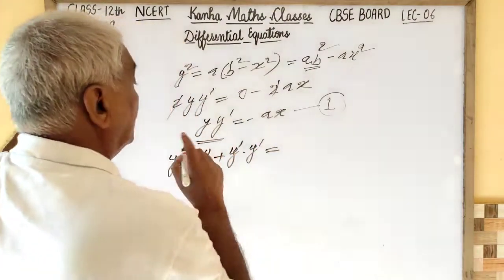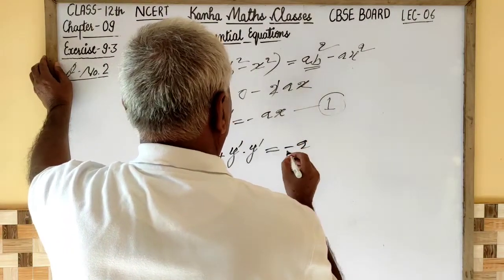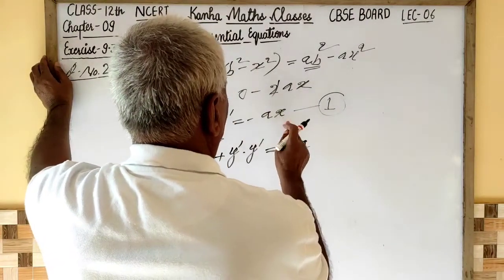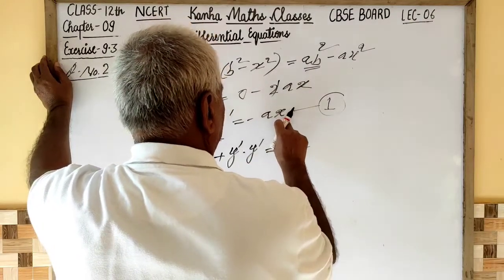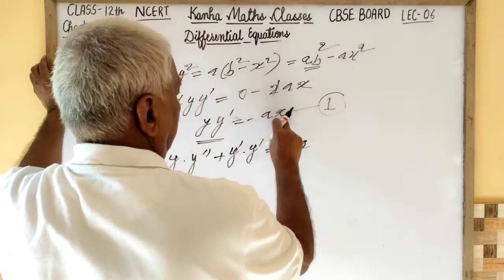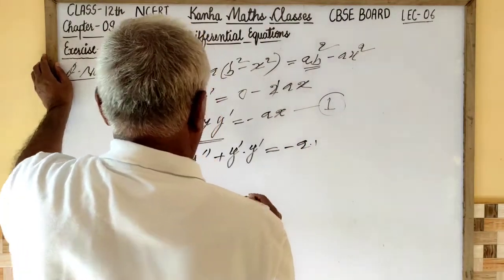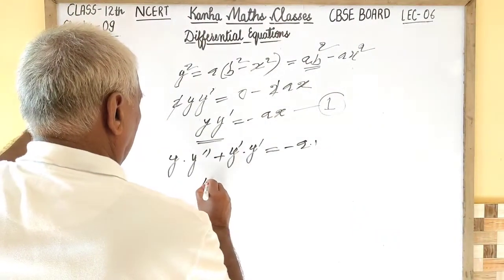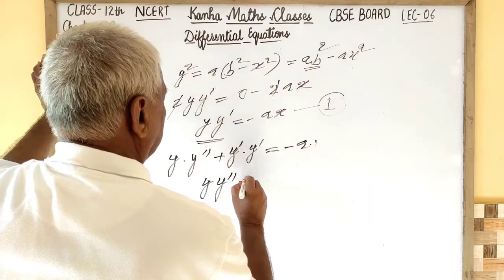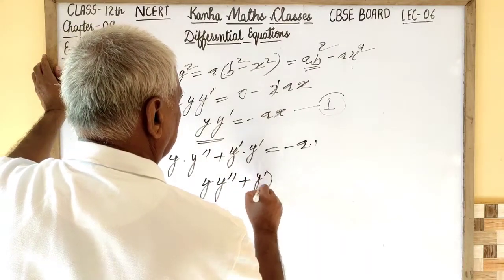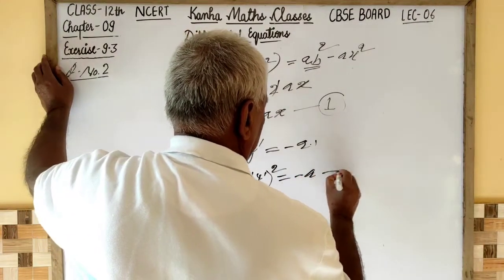And here it will be equal to minus a only, because we see minus a constant, and the differential quotient of x with respect to x will be equal to 1. Now this is y y double dash plus y dash square is equal to minus a.